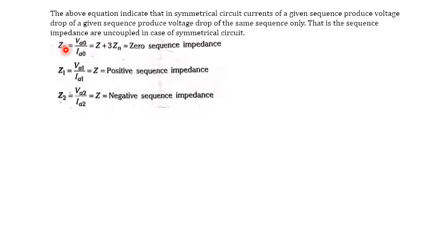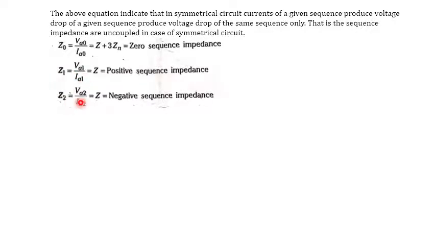It means that the voltage consists of the same sequence of the current. Va0, the zero sequence voltage, consists of the zero sequence value of the current and the impedance. Similarly, the positive sequence voltage consists of the positive sequence current and the impedance.